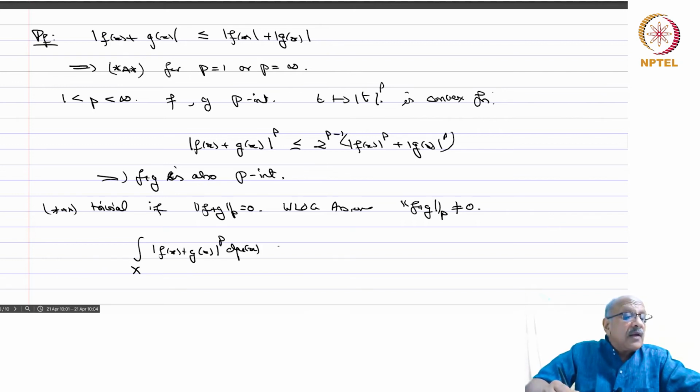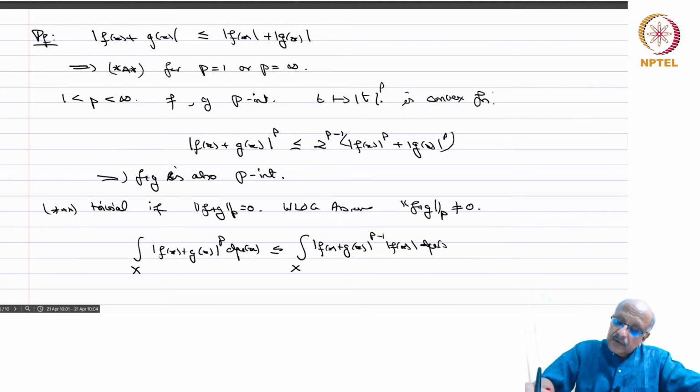This is less than or equal to, using the triangle inequality, the integral over X of |f(x)+g(x)|^{p-1} |f(x)| dμ(x) plus the integral over X of |f(x)+g(x)|^{p-1} |g(x)| dμ(x).